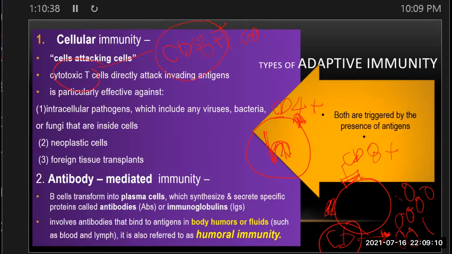So that we can differentiate the lymphocytes, we need to know their cell surface markers. And you might ask me, how are we able to classify them, or tell that this cell has this particular surface marker? It is brought about by immunophenotyping, by flow cytometry. Don't worry, we will have a separate discussion of that in our flow cytometric studies later in module 8 or 9, I'm not sure.